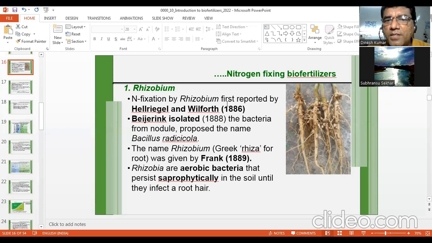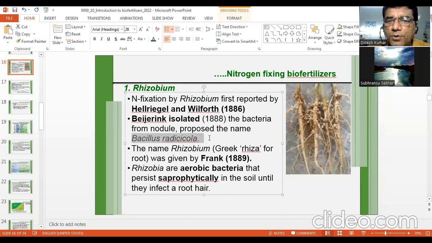Nitrogen fixation by Rhizobium was first reported by Hellriegel and Wilfarth in 1886, and Beijerinck isolated the bacteria, Rhizobium basically, from the nodule and proposed the name Bacillus radicicola, the old name of Rhizobium. The name Rhizobium, from Greek, rhiza meaning root, living on root, was given by Frank in 1889.